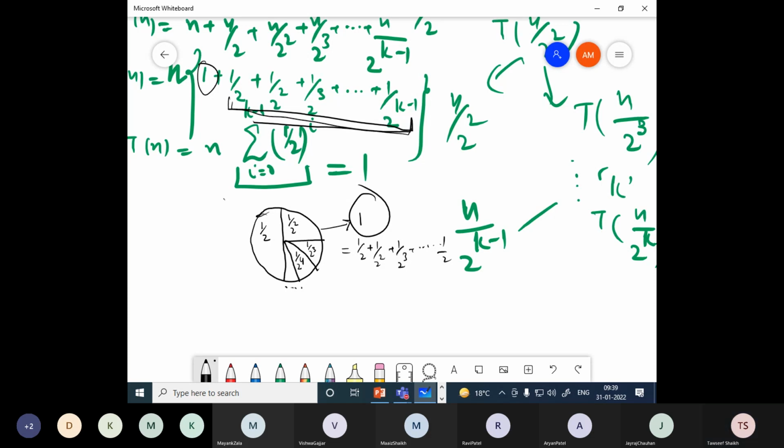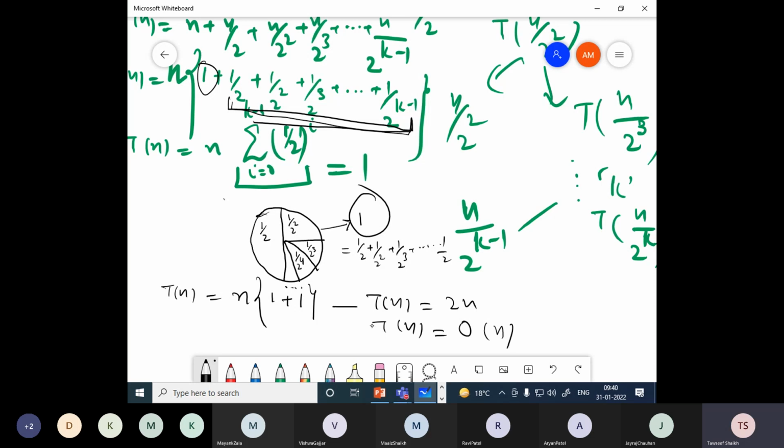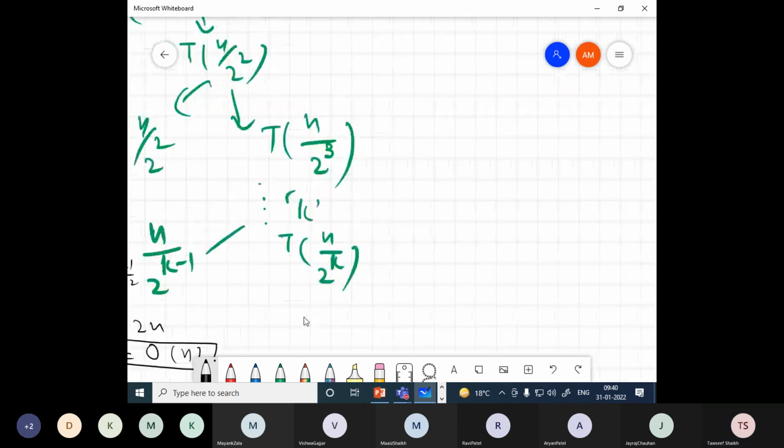Mathematically, this sequence should be equal to 1, so T of n will again be equal to 2n, which in asymptotic notation is order of n. And that will be the time complexity of this program segment. Any doubt in it?